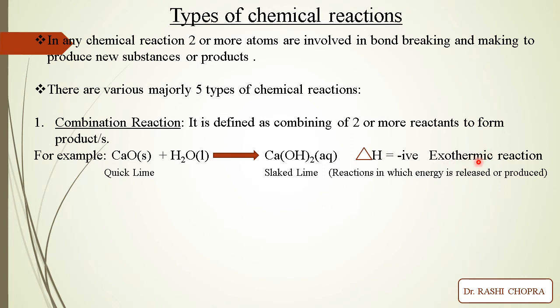So what are exothermic reactions? Exothermic reactions are the reactions in which energy is released or produced in the form of heat. This reaction, with this example, is an example of an exothermic reaction.